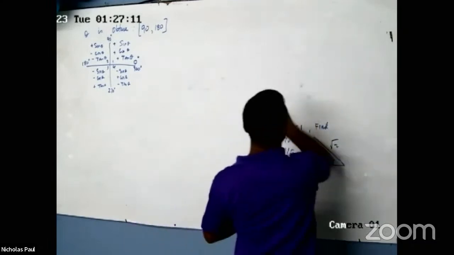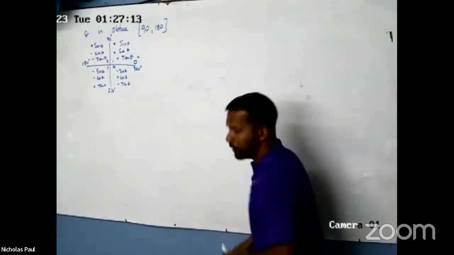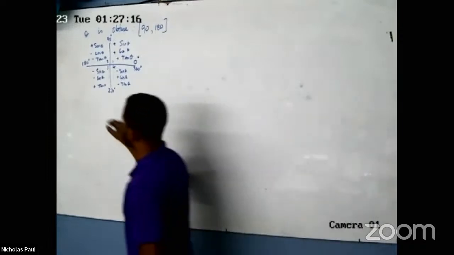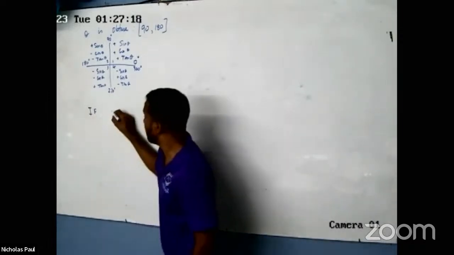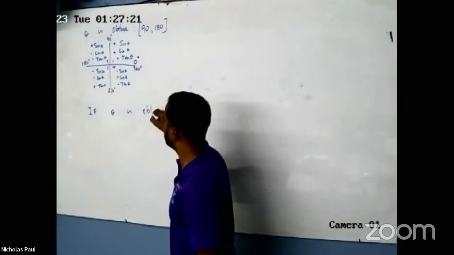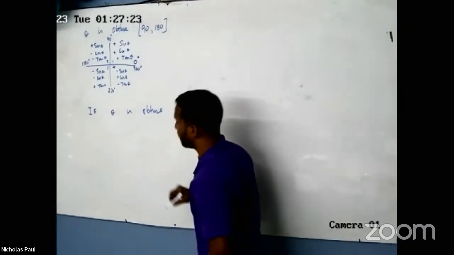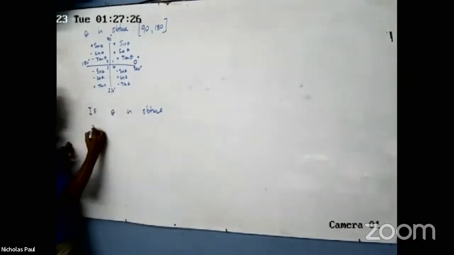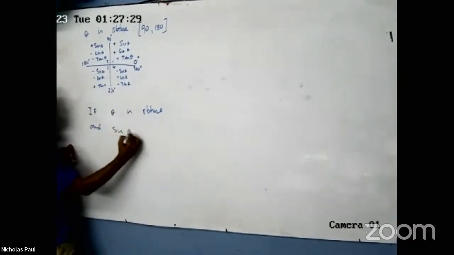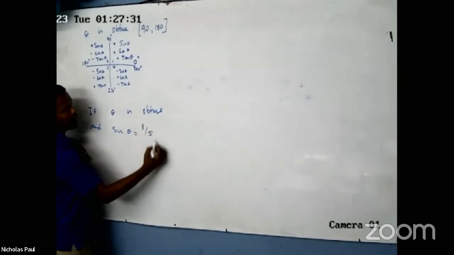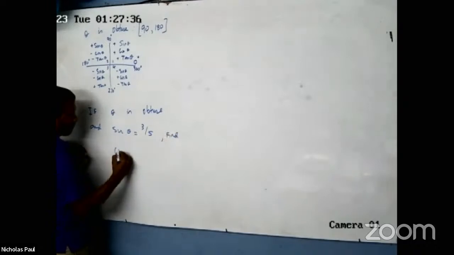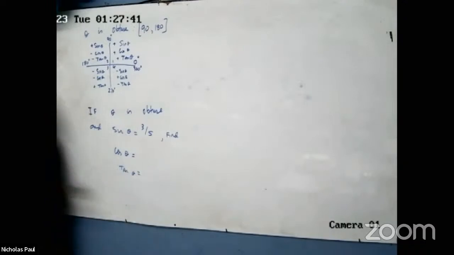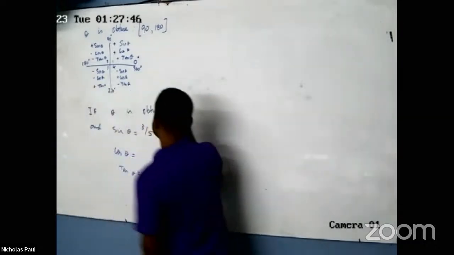Let's change our question slightly. So we're going back to what we were doing earlier. If theta is obtuse and sine theta is equal to 3/5, find cos theta and tan theta. What does obtuse mean?